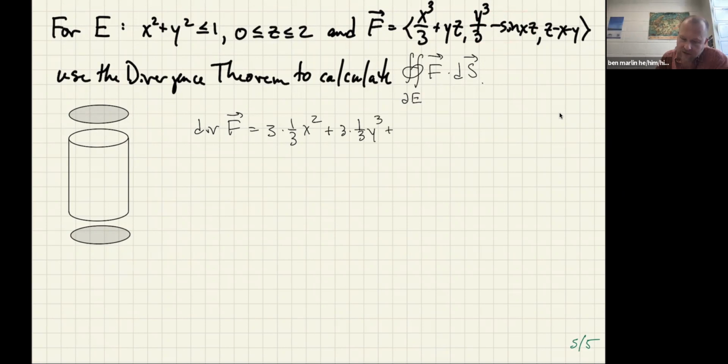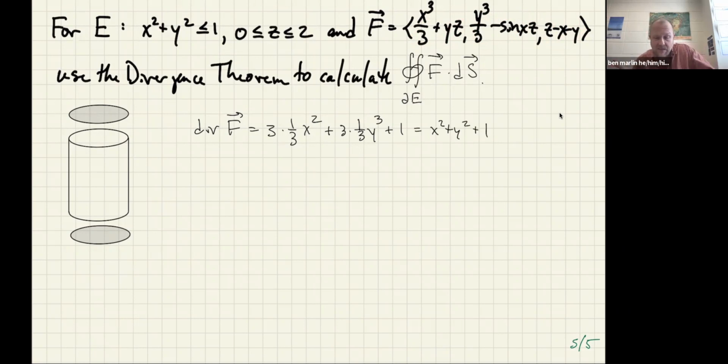And then plus the derivative of z minus x minus y with respect to z, which is just 1. Remember, you're doing the first derivative with respect to x, so the yz's are just constants. The second derivative is with respect to y, so the sine xy are just constants. The last one is with respect to z, so the minus x minus y is just constants. So that means we have x squared plus y squared plus 1.